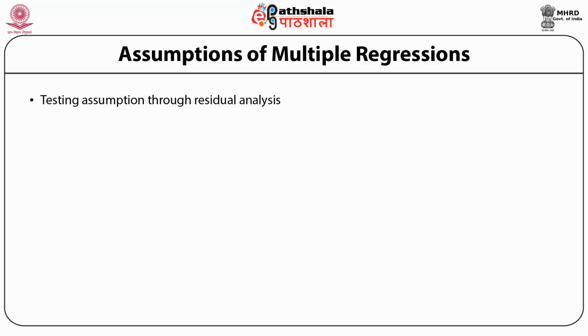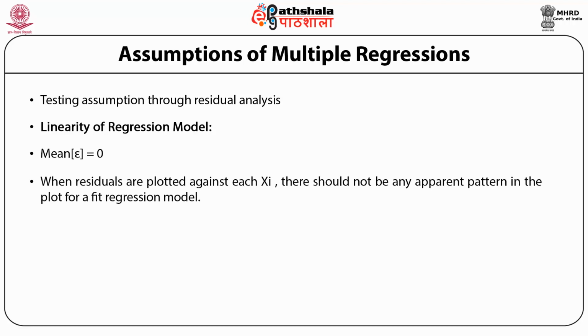The first assumption of multiple regression is linearity of the regression model. Linearity of the regression model means the mean of our error term is equal to 0, and it can be ensured by plotting the residuals against every independent variable.